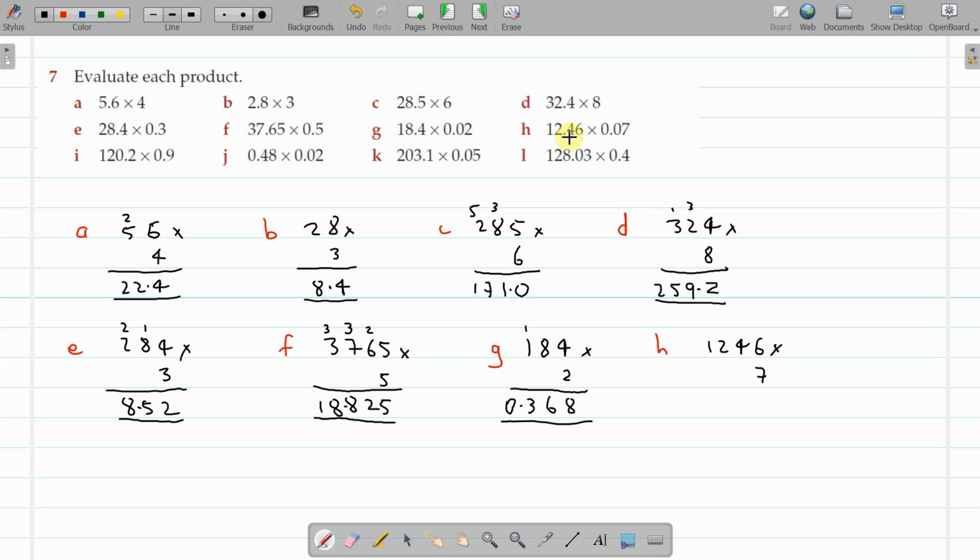The answer will have 2 decimal places plus another 2, 4. 4 decimal places in the answer. 7 6s, 42. 7 4s are 28, plus 4 is 32. 7 2s, 14 plus 3 is 17. 7 1s are 7, plus 1 is 8. And how many decimal places? 4. 1 2 3 4. There it is. 4 decimal places.